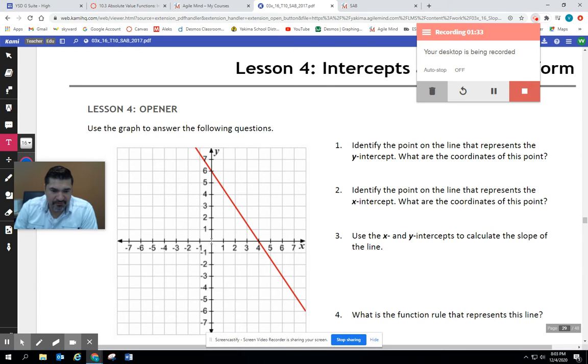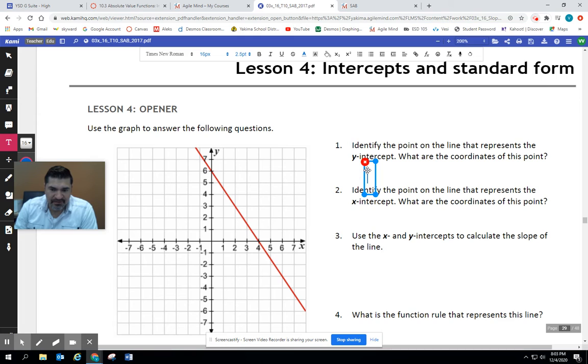I move 0, but I also go up 6 units. So this coordinate is (0, 6). So I'm going to go ahead and type that out. 0, 6. And a lot of times when they want you to write coordinates, they want you to use parentheses. So I'll go ahead and put those on there.